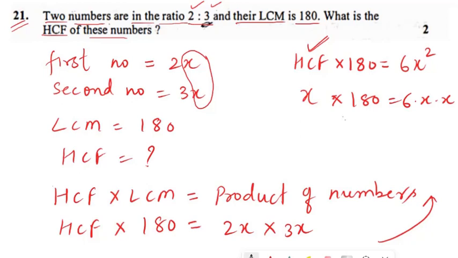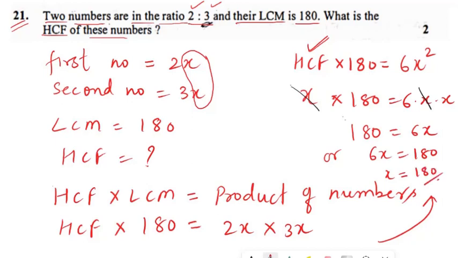Now we can cancel this x and this x. We will be left with 180 is equal to 6x, or 6x is equal to 180. x is equal to 180 by 6, which is 30.